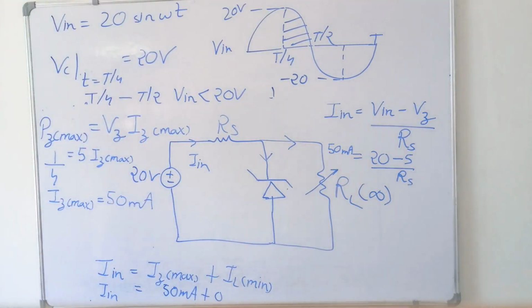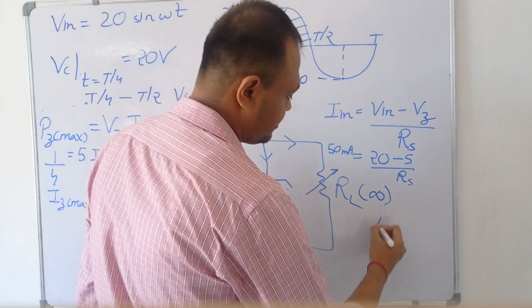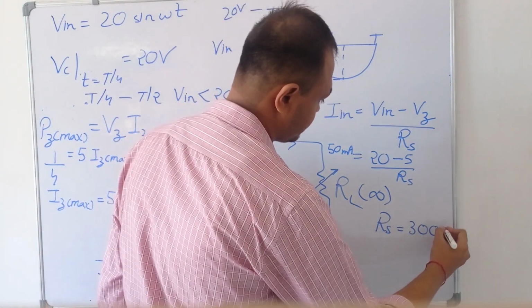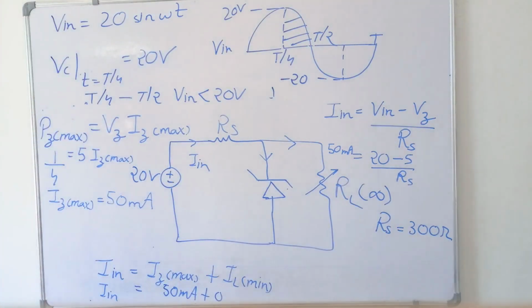So if you solve it, you will get Rs equal to 300 ohm. So 300 ohm is the correct answer for this question.